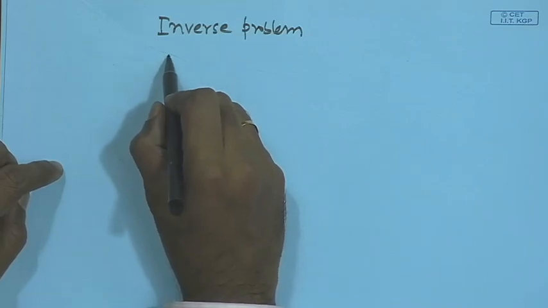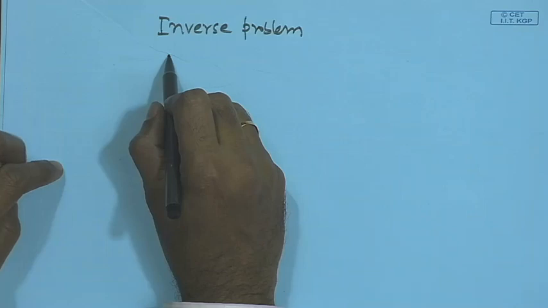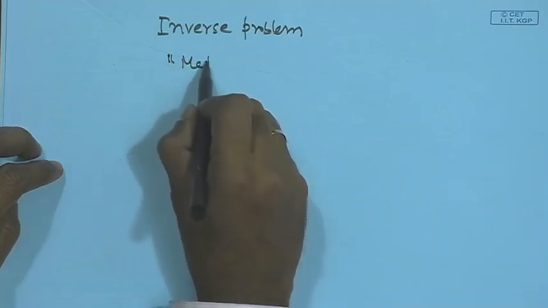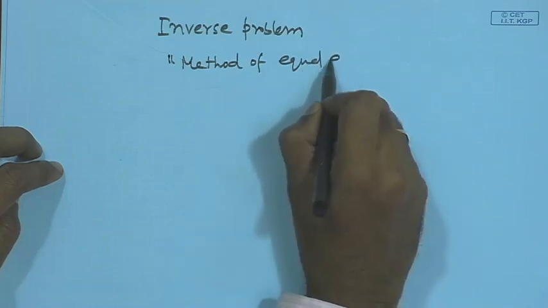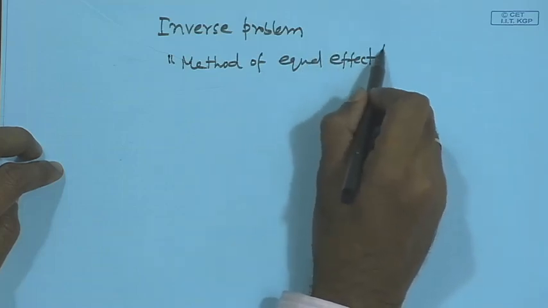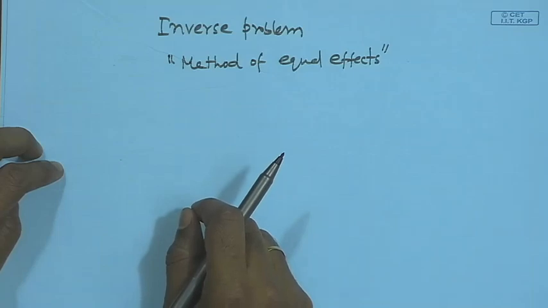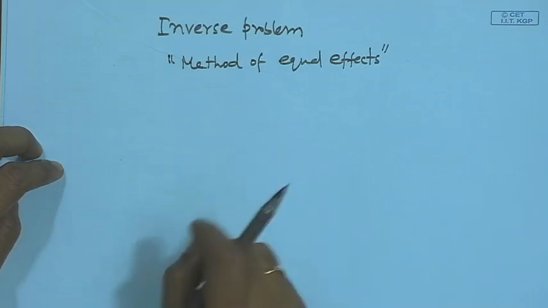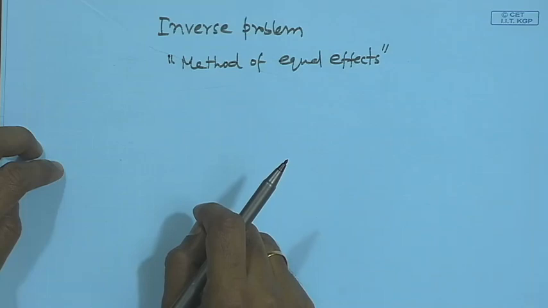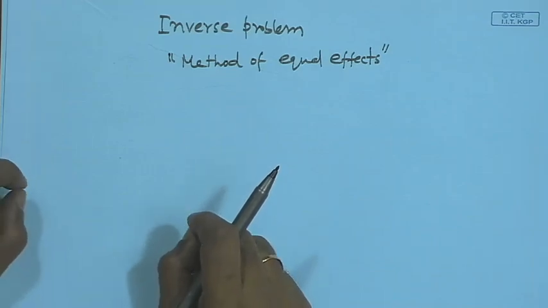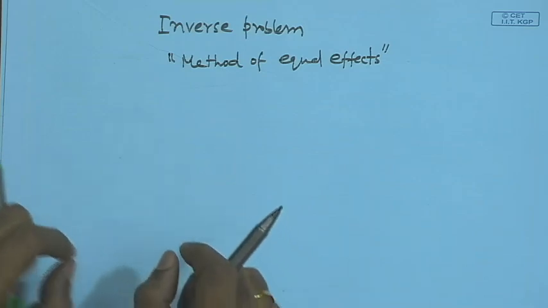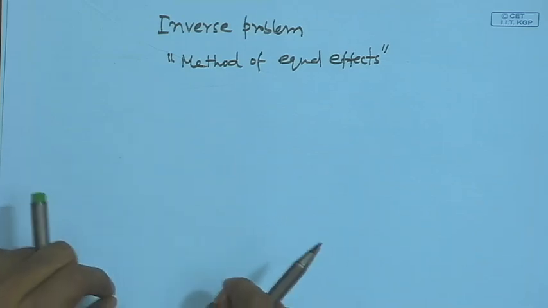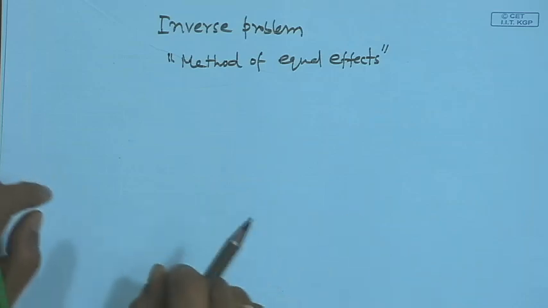So, at this stage we can make use of something called the method of equal effects, where we assume that all the instruments or all the individual components contribute equally to the overall error.